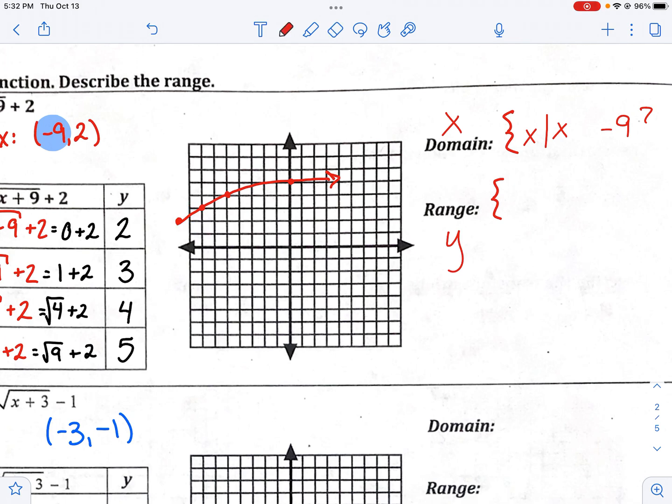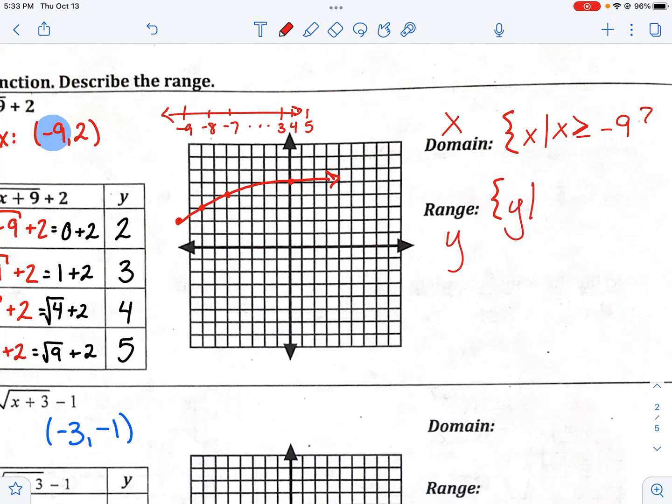I'm starting at -9 and I'm going to the right, which means that I'm getting all of the numbers that are at -9 or bigger. Because if you think of a number line, if you started at -9 and you went to the right, you'd be getting bigger numbers. When you go to the right, you get bigger numbers.